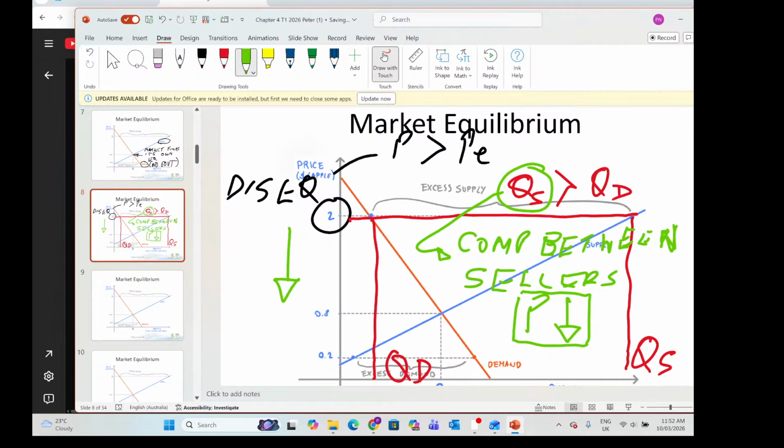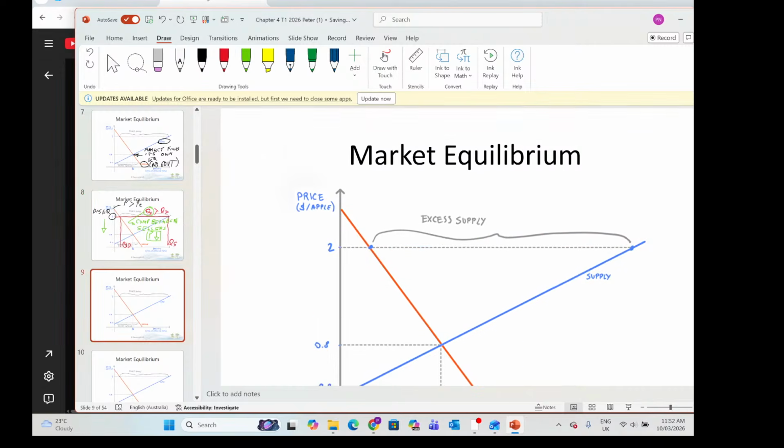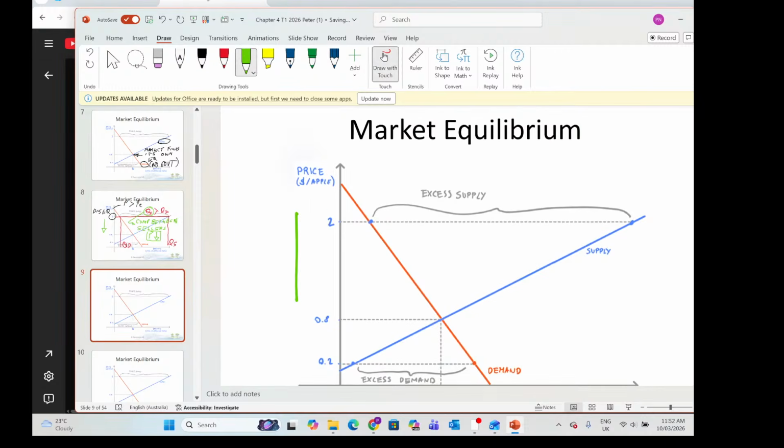And then think about, well, we'll come down to the next slide now. If the price is starting to fall, then these sellers now find it less attractive to sell. So as the price falls, the quantity for sale, the quantity being supplied, also falls, and we move rightwards down this curve.